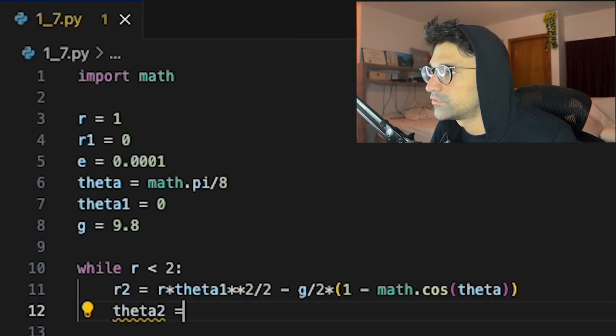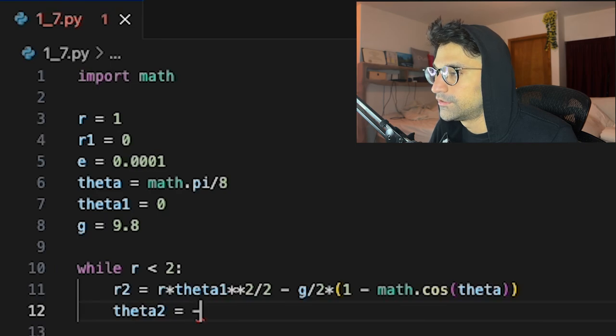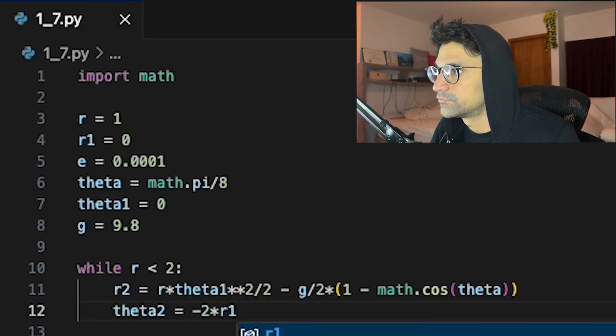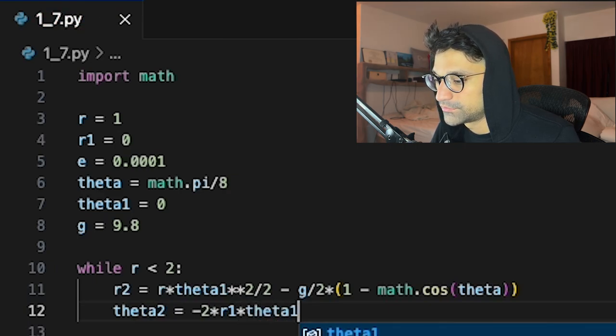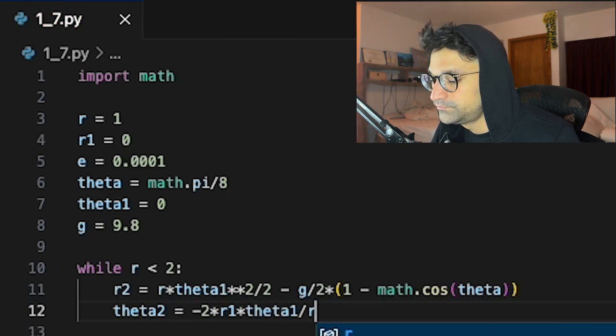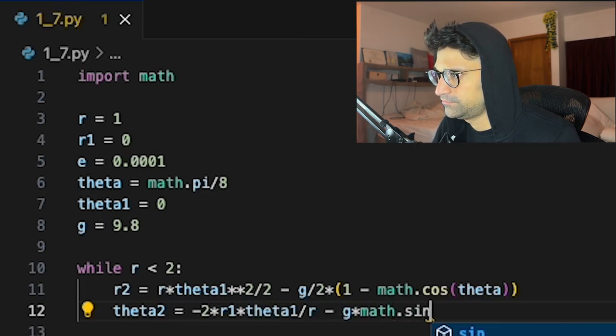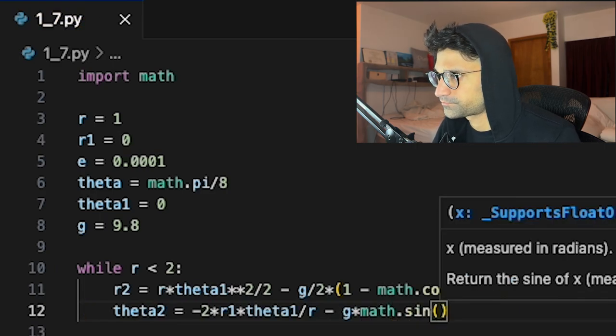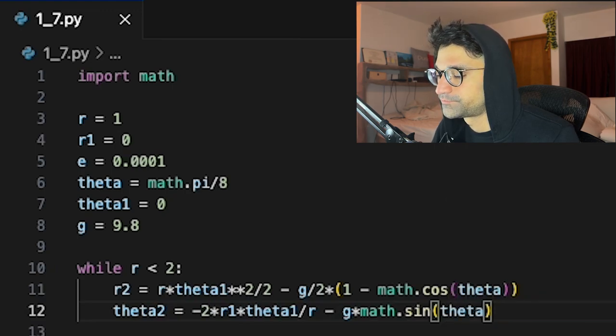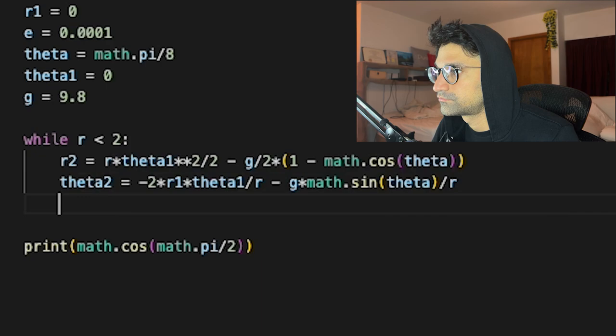Okay, so theta 2 equals negative 2 times R1, which we have, times theta 1 over R minus g times sine, math.sin of theta over R. Okay, so that looks good.